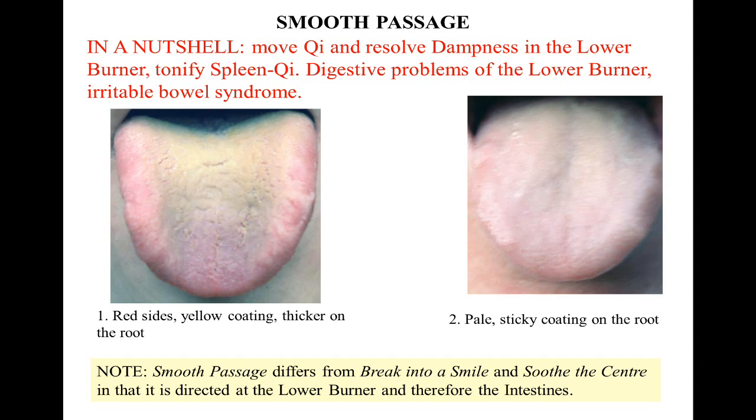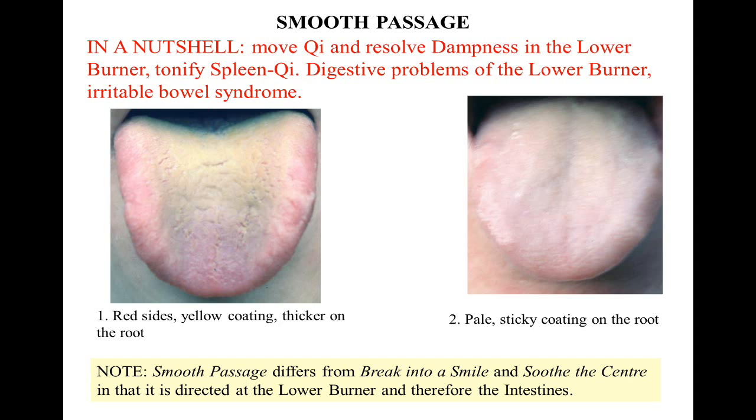The tongue on the left, by the way, is another good example of red sides from liver Qi stagnation. And this tongue is actually a great example of 2 of these 3 patterns, because the red sides indicate liver Qi stagnation and the sticky yellow coating in the middle indicates dampness.